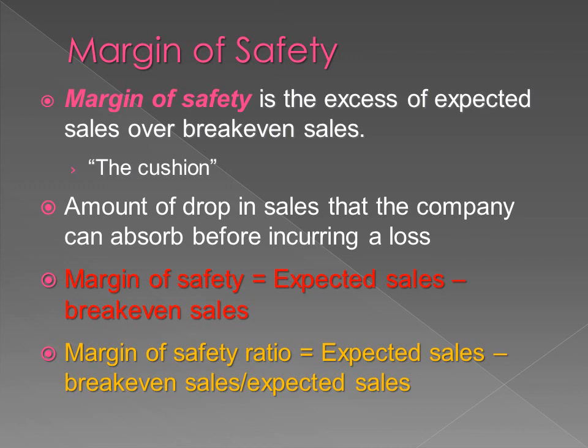But you also know that in addition to those units, you're expecting to sell a certain amount. So you take your expected sales minus your break-even in sales, and it gives you your margin of safety. And then there's also a margin of safety ratio, which is expected sales minus your break-even in sales divided by your expected sales, and it just gives you a ratio.